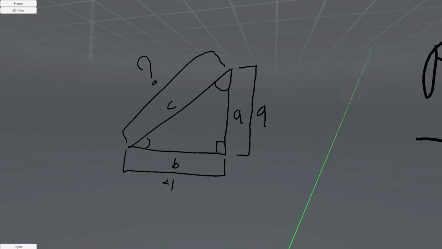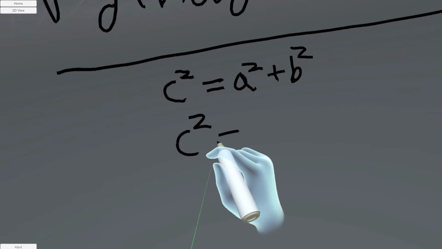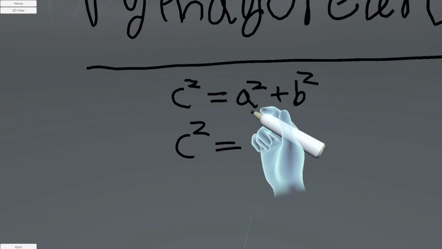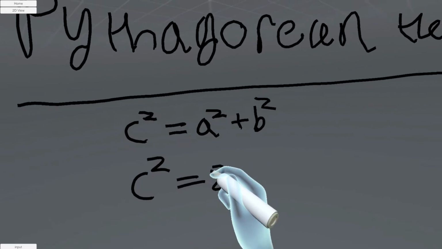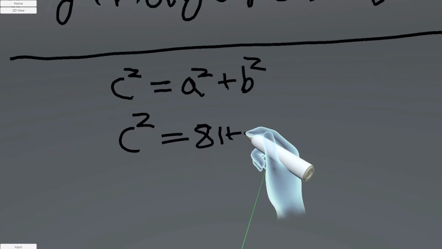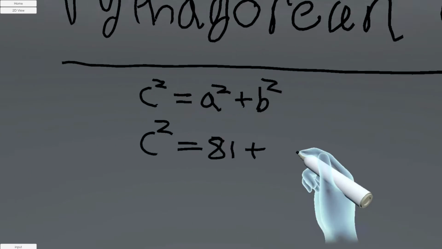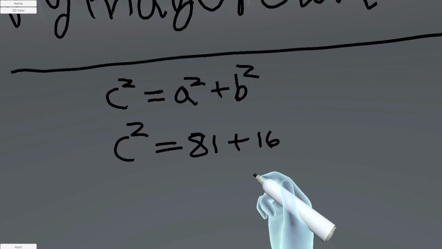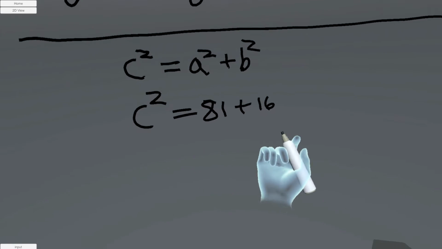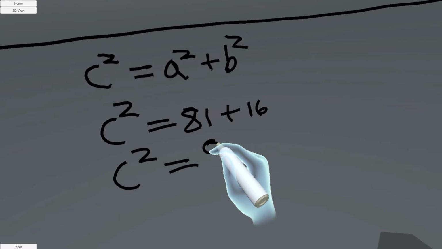Okay, we have the hypotenuse, we know is just C squared currently, is equal to, what's our A? 9. 9 squared is 81. And then B is equal to 4, so plus 4 squared is 16. Okay, 1 and 6 is 7, 97. C squared is equal to 97.